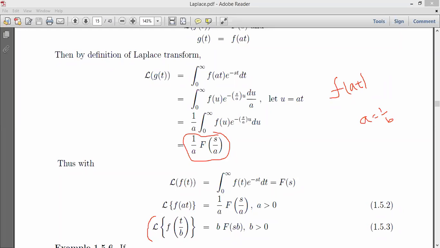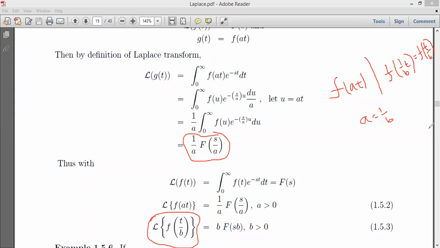If you look at this one here, it is L. We are now looking at F into brackets 1 over B T. Hopefully we are together, which is just F over T over B.